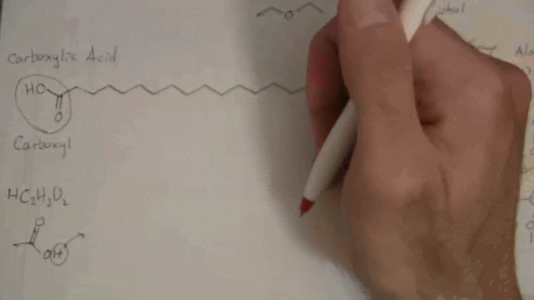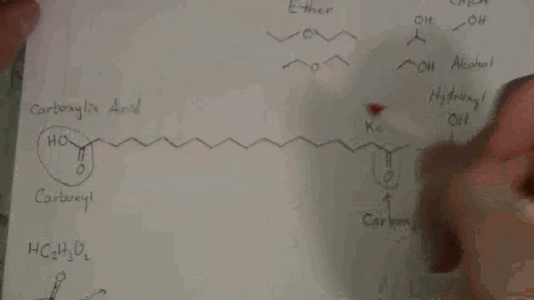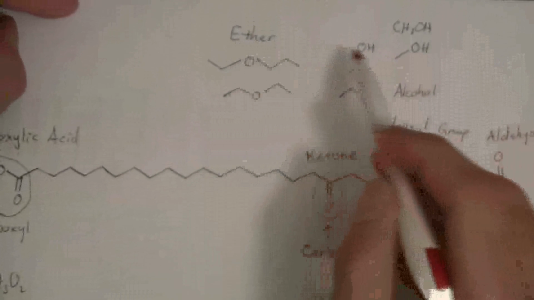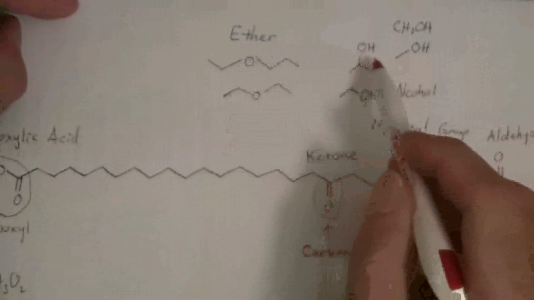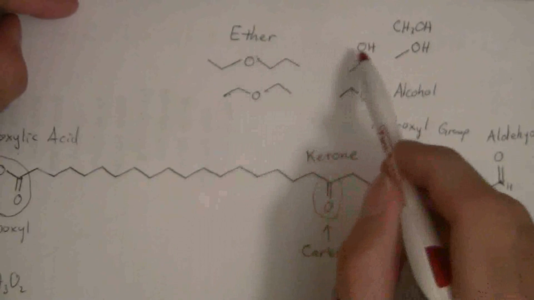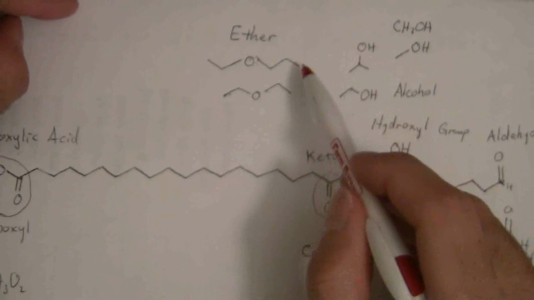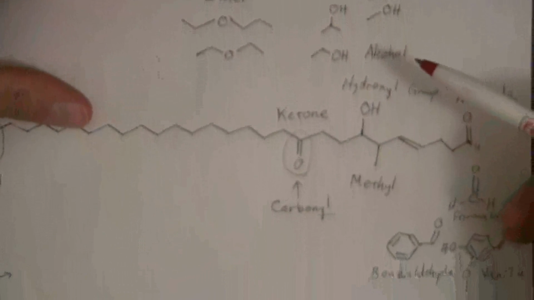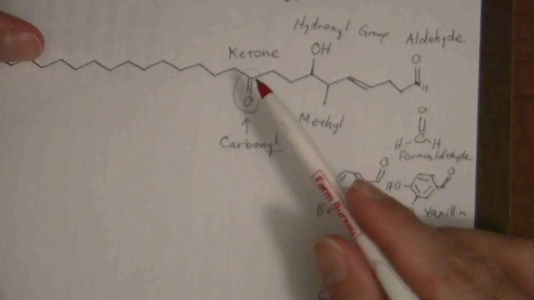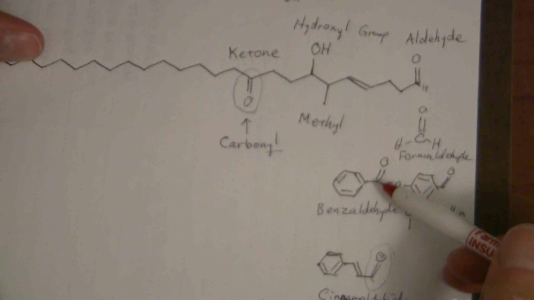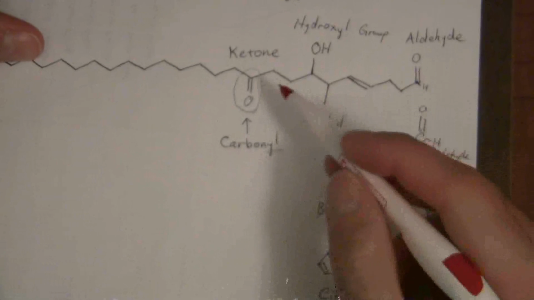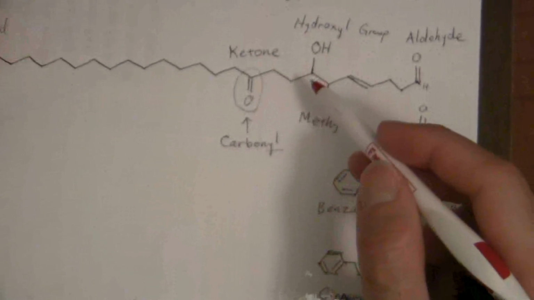name. Once again, just as we saw with the ether and how it's related to the alcohol, an ether has that hydrogen replaced with a carbon chain, and just as the ketone is related to the aldehyde by the same way of removing that hydrogen and putting a second carbon chain there.